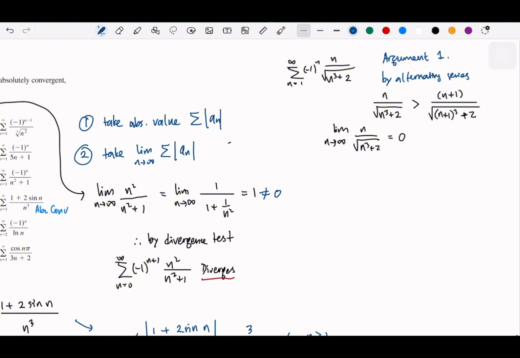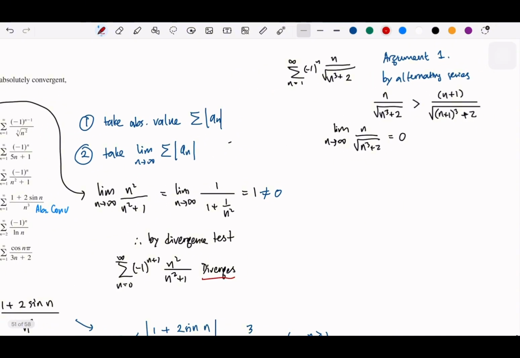So by alternating series, it is convergent. If the question is asking diverge or converge, you can write convergent. But the question needs to specify conditional or absolute, so we check the absolute or conditional.